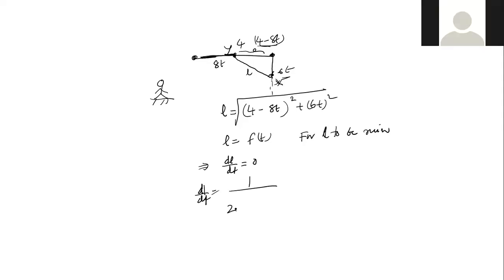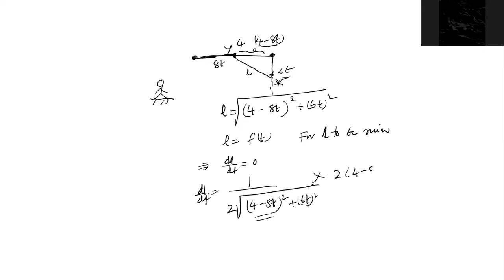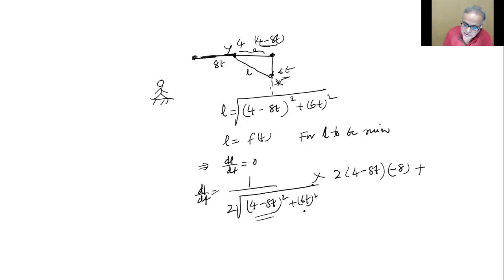So 1 by 2 root of (4 minus 8t) whole square plus (6t) whole square, into the derivative of the inside: 2 into (4 minus 8t) to the power 2 minus 1, and the derivative is minus 8, plus for this, 6t square, 12t. So 36 into 2t. All this is equal to 0.